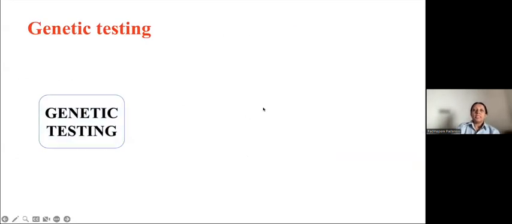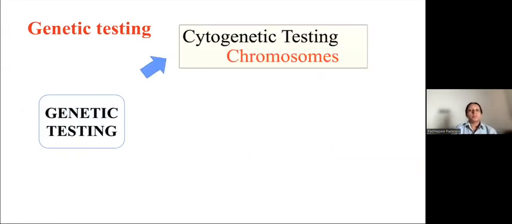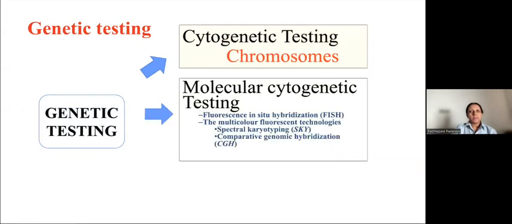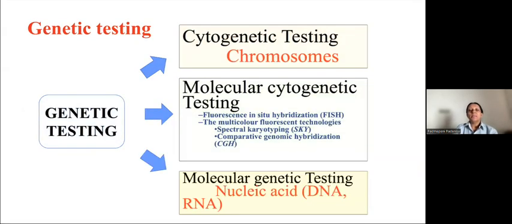So if you take genetic testing in general, there are three types: cytogenetic testing, molecular cytogenetic testing and molecular genetic testing. In cytogenetic testing, we mainly concentrate on chromosomes, so that's not important in terms of liver disease.